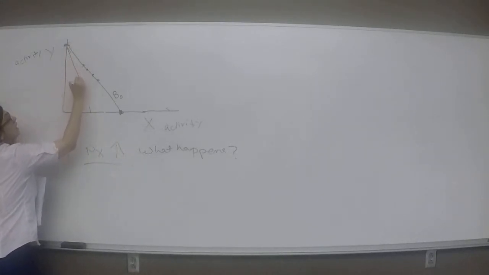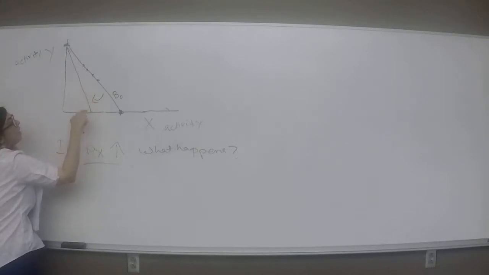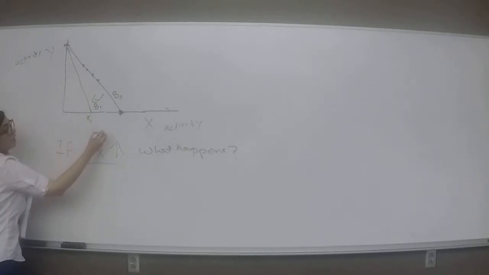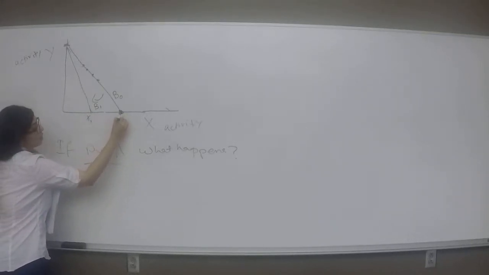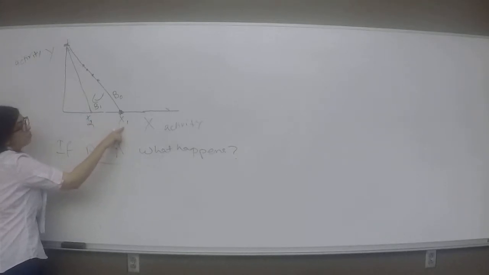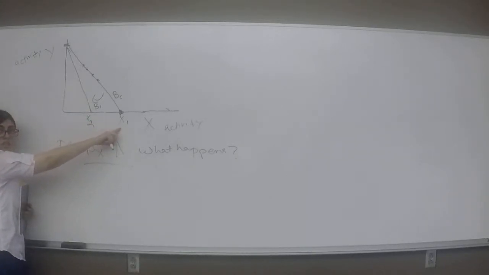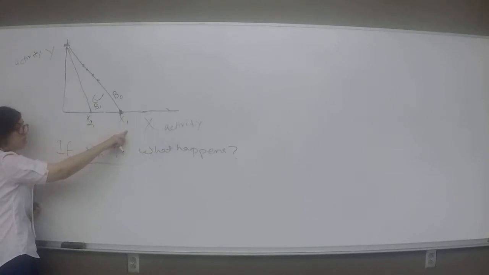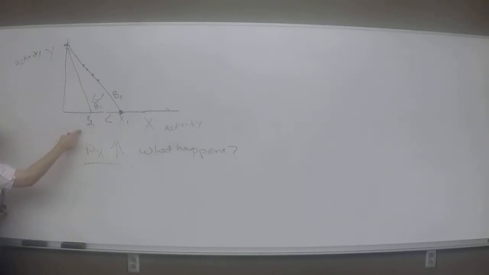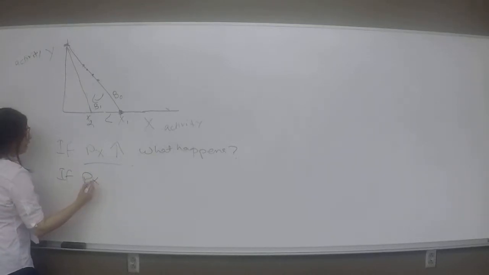So your budget line would shift in like that, and this is your new budget line and your new consumption of X, which is less than your previous consumption of X. So this was the X you were consuming before the price increase, which was greater, and this is the X you're consuming now after the increase in price. You're consuming less X now. So the budget line decreased for X. It shifted in.